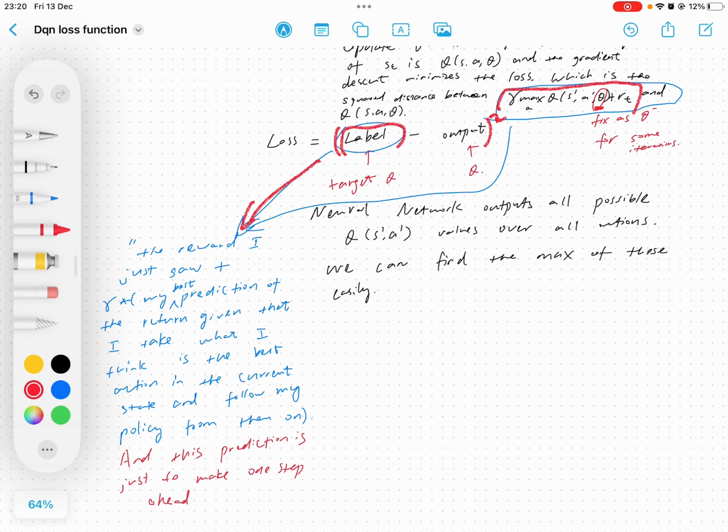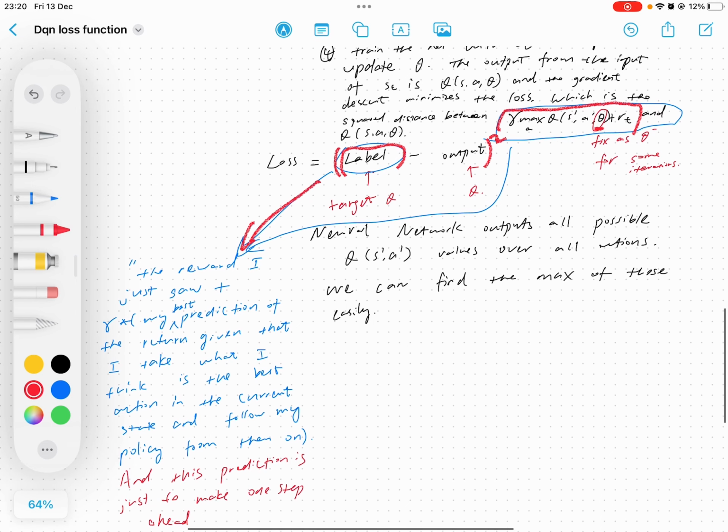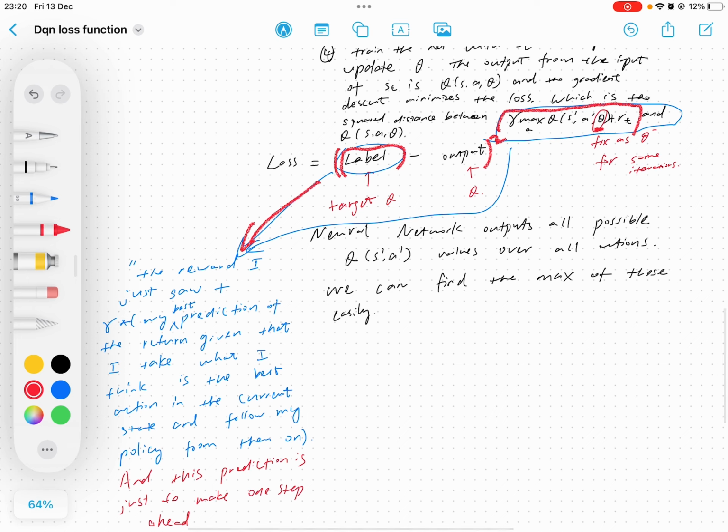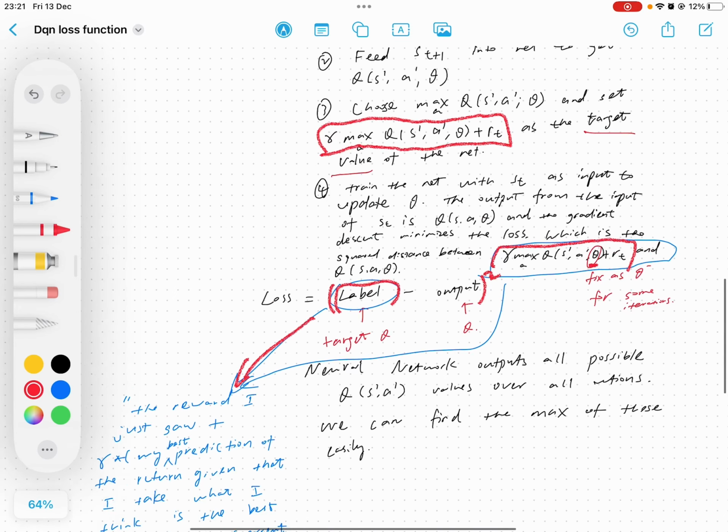This will be sufficient to obtain the target Q value, and then using this value we're able to derive this loss and update the parameters of this network. Okay, good.